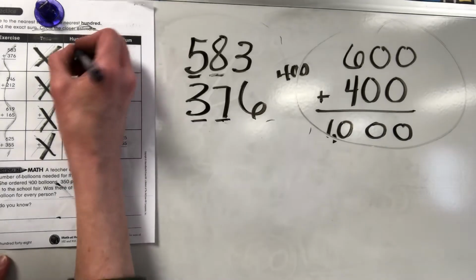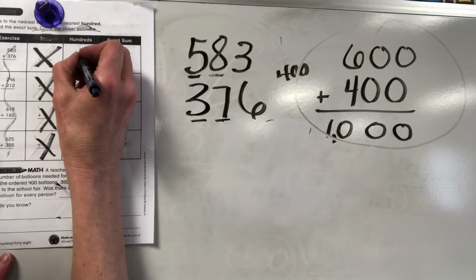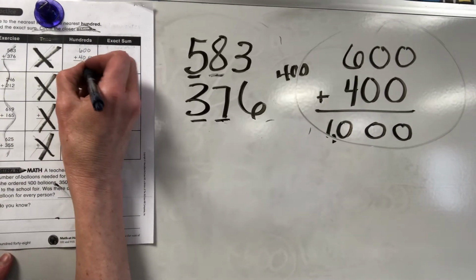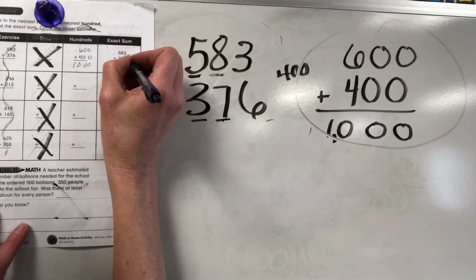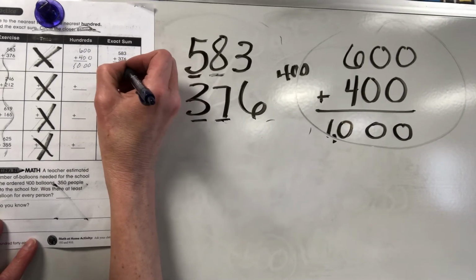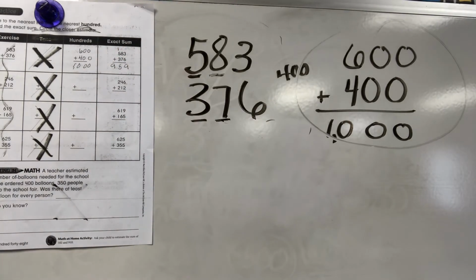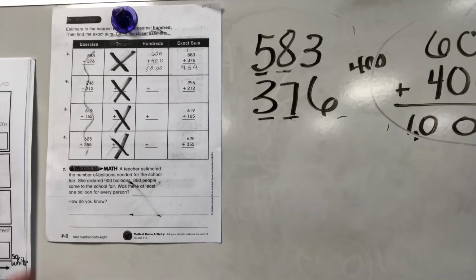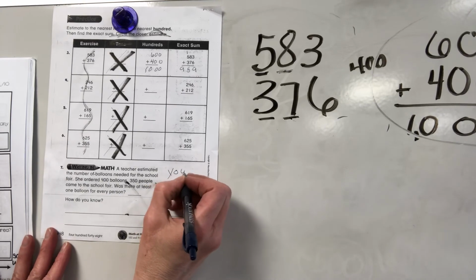You're going to write 583, 600, 376 is rounded to 400. We rounded up both those times, and we got 1,000. Now here you're just going to add. Sorry about that. And the bottom, you can do if you wish. That's your choice.